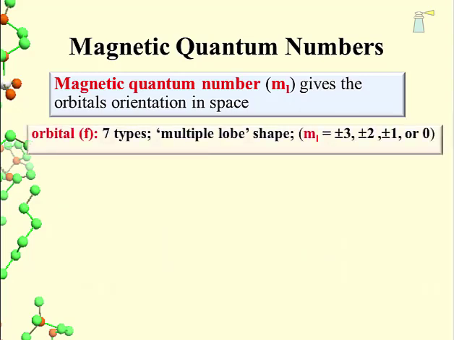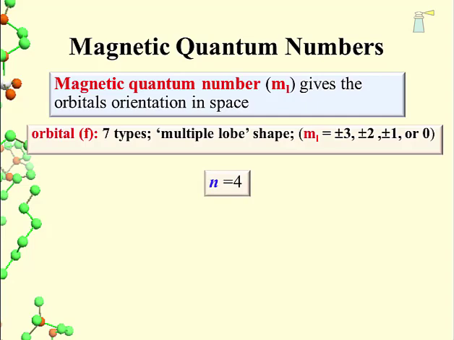Rarely, if ever, do the shapes of the 7 f orbitals come up at this level of chemistry. Multiple lobed is a good general description. The 7 m sub l quantum numbers for the f orbitals are plus or minus 3, plus or minus 2, plus or minus 1, and 0. They first appear at the n equals 4 energy level.